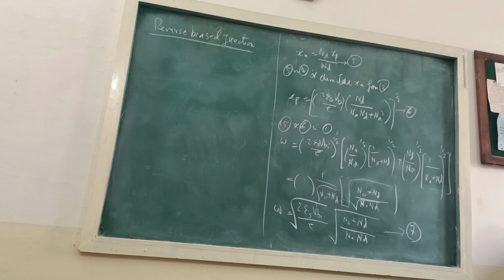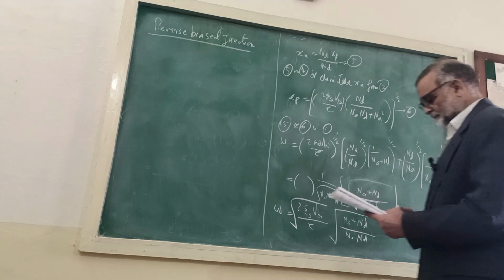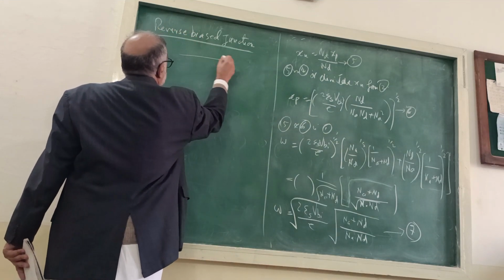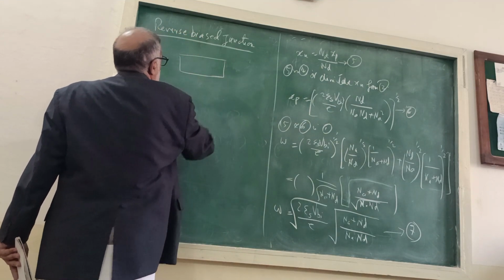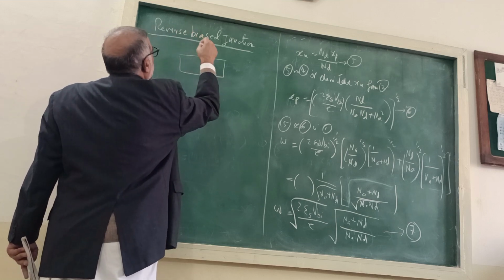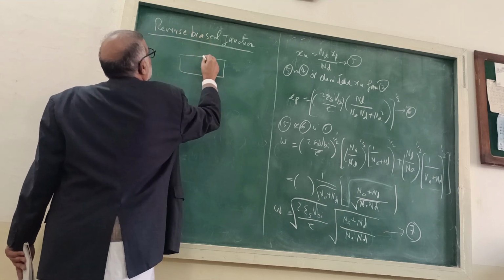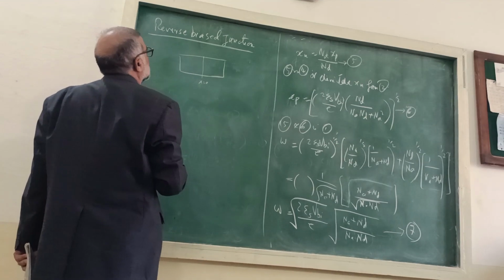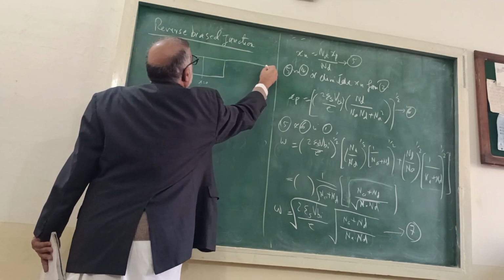To the N side you apply a positive, and to the P side you apply a negative. That is called reverse biasing of the p-n junction. That is a p-n junction, with the metallurgical junction at X equal to 0.